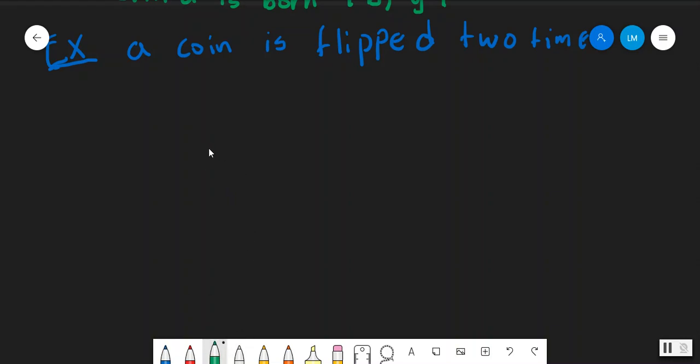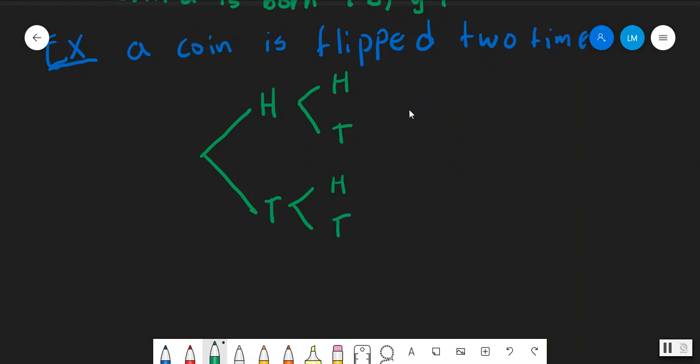So you could have, for example, that on the first toss it's heads. On the first toss, what if it was tails? But then, what if it was heads? So the outcome could be heads heads or heads tails, or tails heads, tails tails.